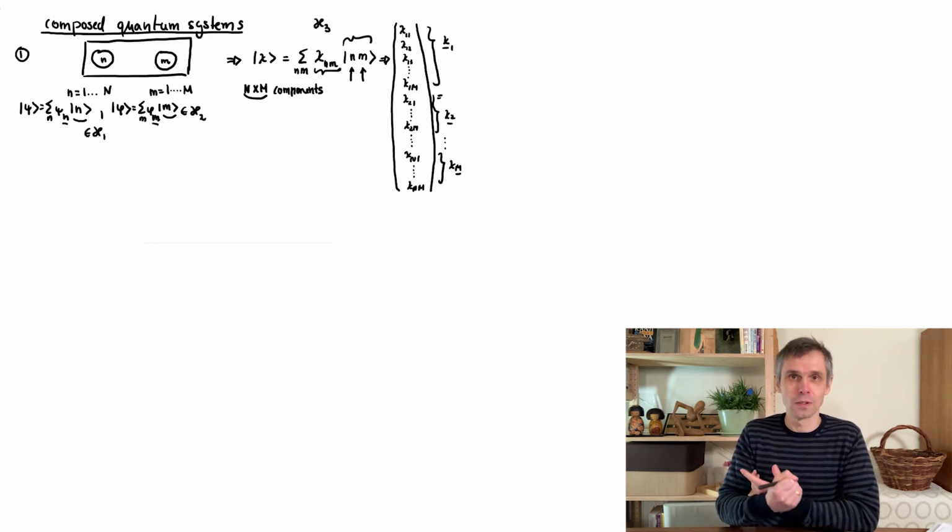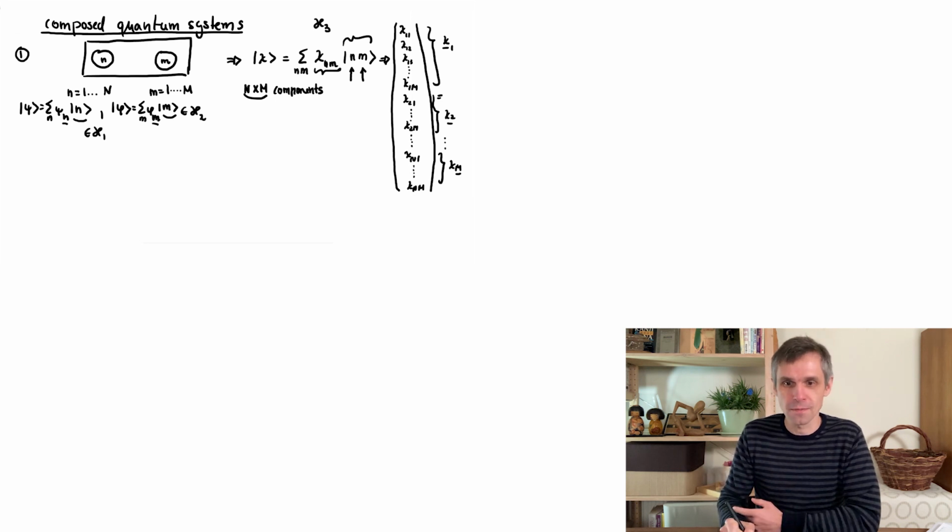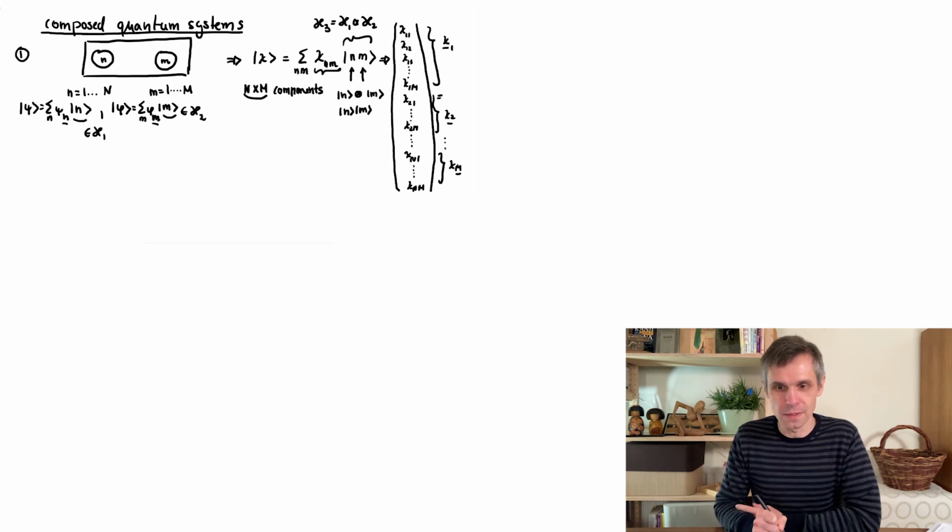And even though we will not really need the detailed mathematics of this, I just want to mention that this is known as the tensor product of these states. So this is denoted with the circle and a cross in the middle. And oftentimes we would even omit this symbol for this multiplication.